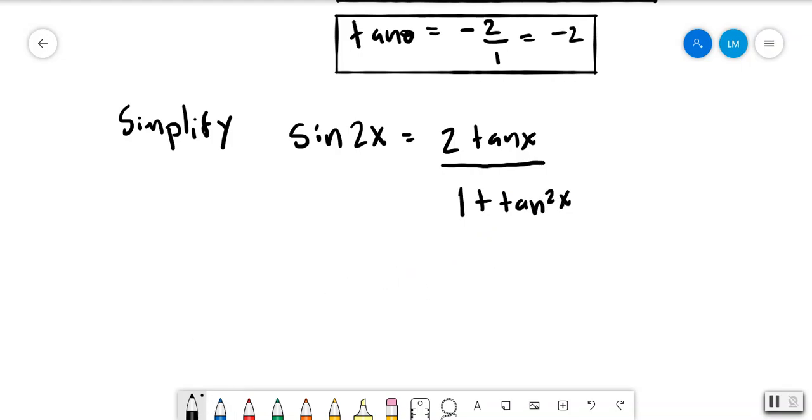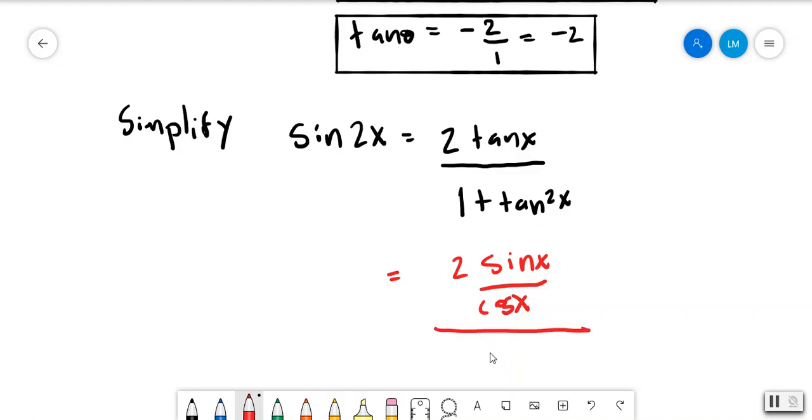Now, this is actually pretty interesting because I know that if I'm going to simplify that, I need to change things to sine or cosine or corresponding Pythagorean identities. So I have 2 times sine of x over cosine of x, all divided by, well, this is really secant squared x.